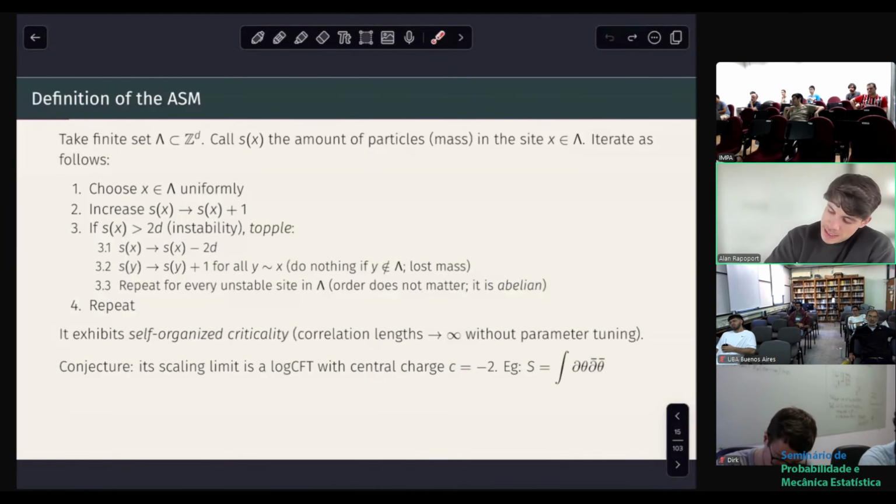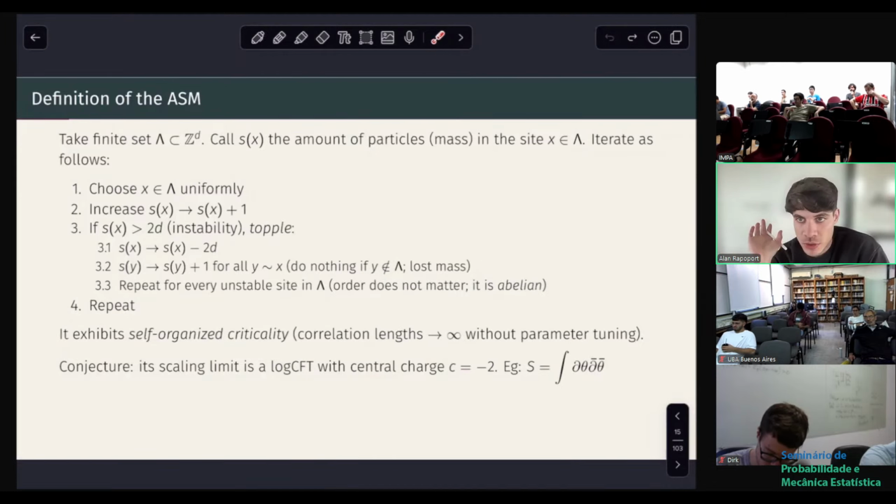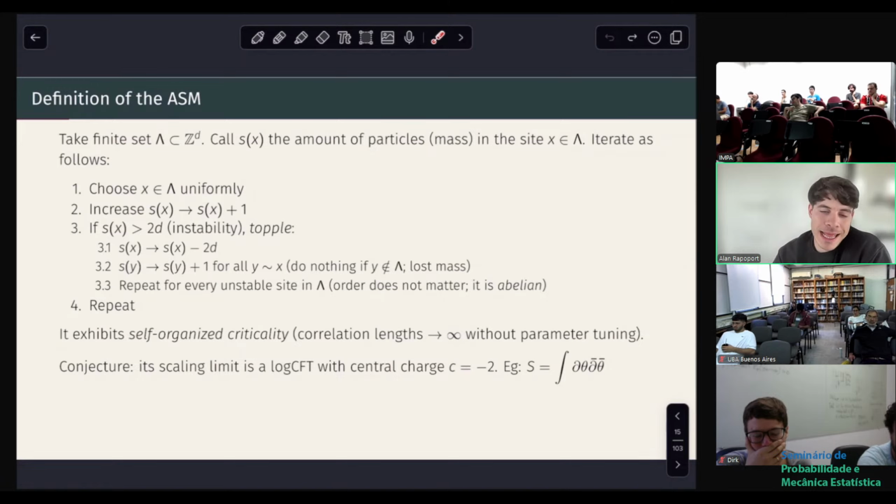Now I'm going to say one phrase that for some very few people might tell you something, and for others it won't. So in case it doesn't tell you anything, just please ignore this. But it might be interesting to know that there is a conjecture in which this system, in some particular scaling limit, converges to a logarithmic conformal field theory with some particular central charge and so on.